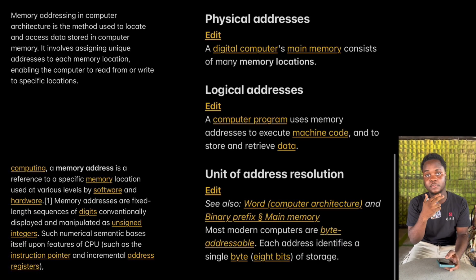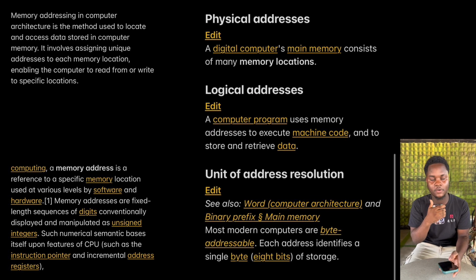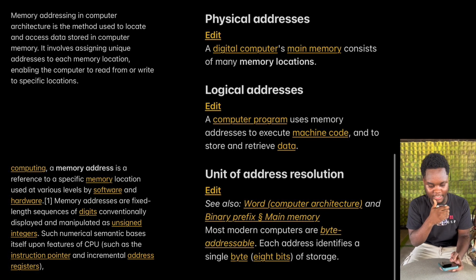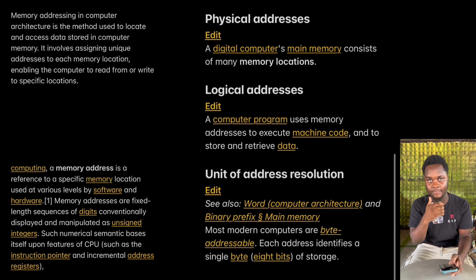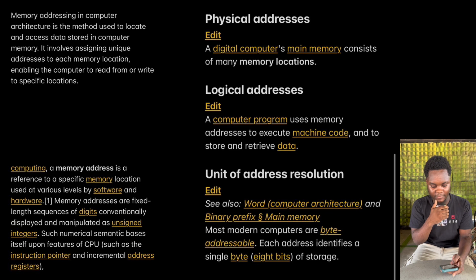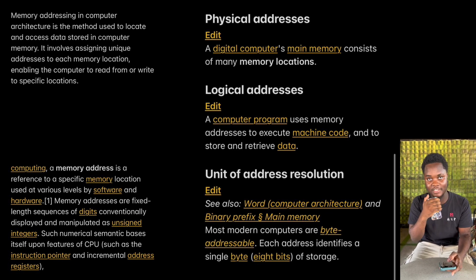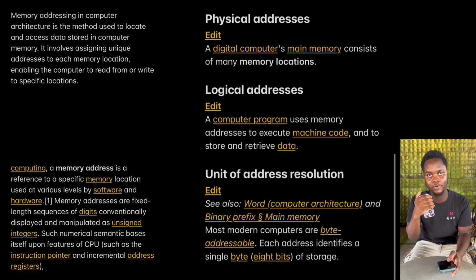There are two types of memory addresses: the physical addresses and the logical addresses. A physical address refers to a digital computer's main memory, which consists of many memory locations. The logical address is used in computer programming.